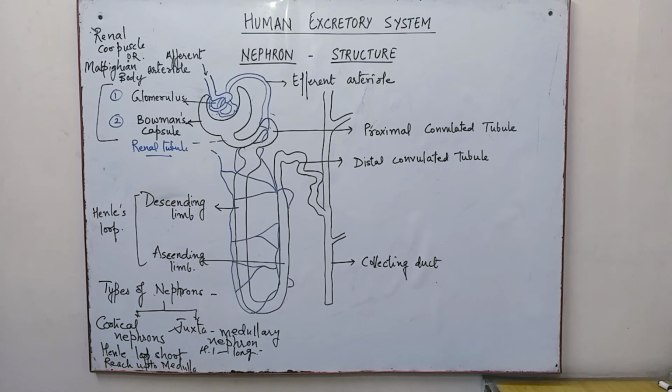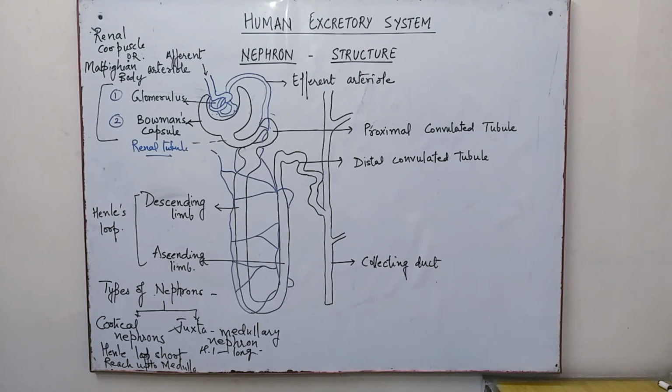Now, the efferent arteriole, which is coming out from the glomerulus, forms a network around the renal tubule called peritubular capillaries, and a small vessel of this network, running parallel to the Henle's loop, forms a U-shaped vasa recta.